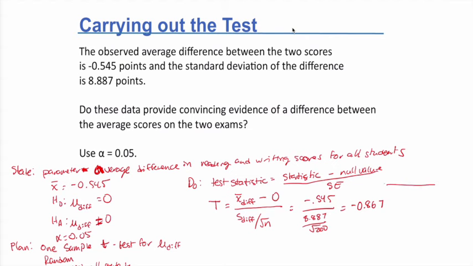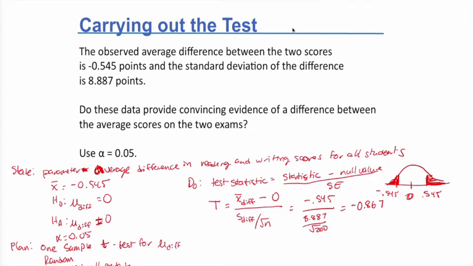If you sketch your distribution, we're saying if the average difference is zero, what are the chances that we get something of negative 0.545 or lower, but it's a two-tailed test, so also 0.545 or higher.